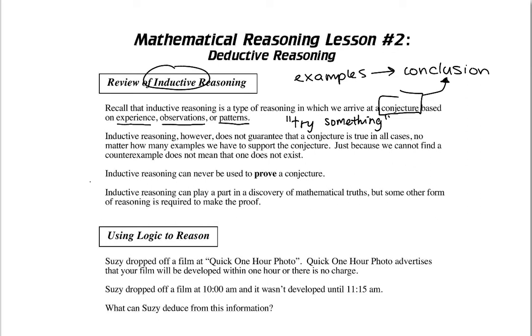And this bullet here, you might get asked about that on a multiple choice question. Inductive reasoning does not prove a conjecture. It can only demonstrate that that example works in that moment. This whole idea of mathematical truth and this thing called proof leads to what's coming up next. This is deductive.